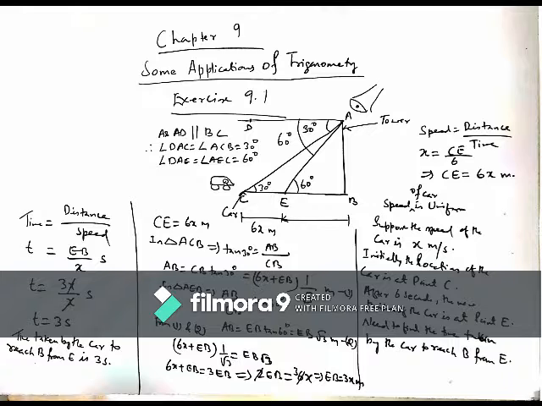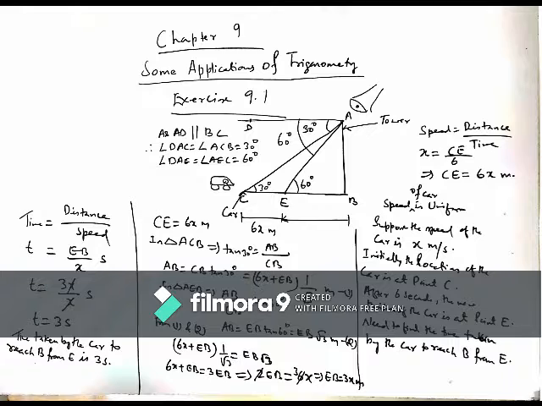Now CE is with us. Now we need to find EB, the time it will take to reach the foot of the tower, that is from E to B. Let us see. In triangle ACB, already shown, tan 30 degrees is equal to opposite by adjacent.